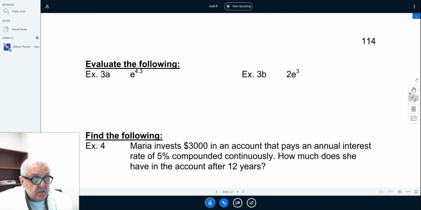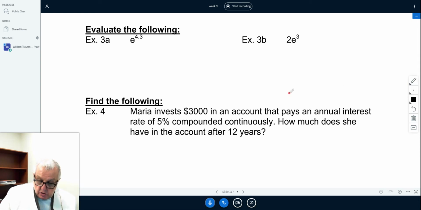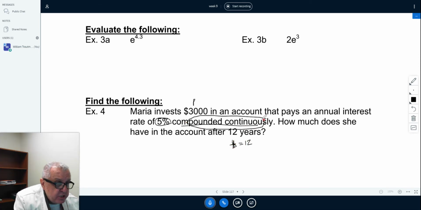Maria invests $3,000. So that's her starting point, her present value, her starting amount of money. Interest rate is 5%, compounded continuously. T equals 12 years. So here it is compounded continuously.